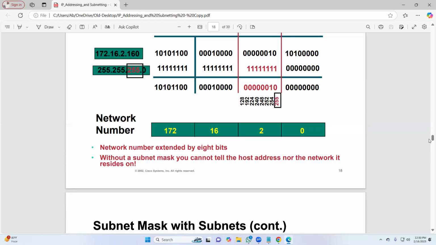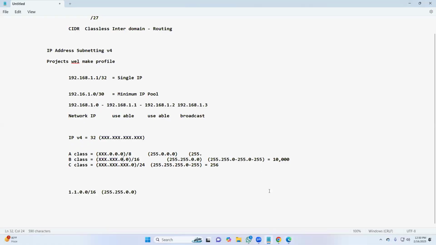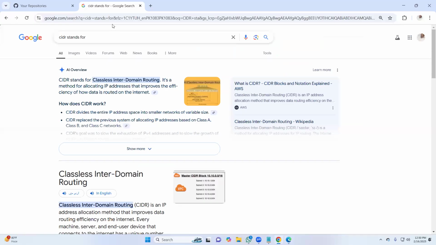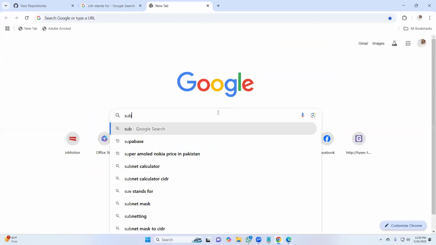There's a small use of the binary system, regarding IP addresses, because everything is automatically calculated. Nowadays, if you want to calculate something, go to this subnet calculator.